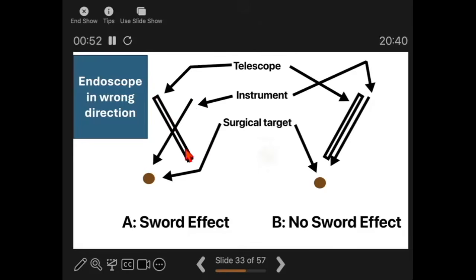If these are aligned in the opposite direction, causing a sword effect, then instrument manipulation will be difficult. Whereas on the other hand, if the endoscope and the instruments are aligned towards the surgical target area, when there is no sword effect, then instrument manipulation becomes very nice.